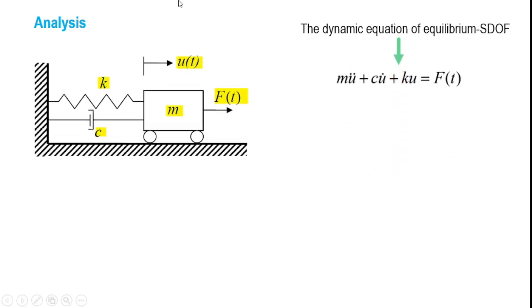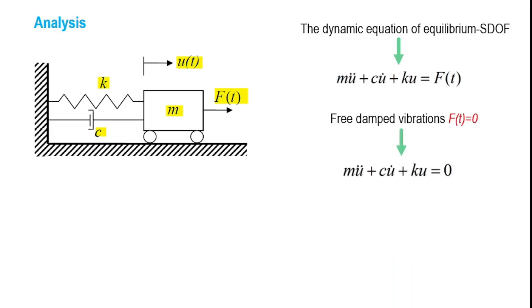Okay, we know from the basics that the dynamic equation of equilibrium for a single degree of freedom system is given by m u double dot plus c u dot plus k u equal to F(t). Now, as I told you, in this series we are going to analyze the response of free damped vibrations, which means that in this general equation for equilibrium we set only F(t) equal to 0, because we have c inherent in the system, indicative of a damped behavior.